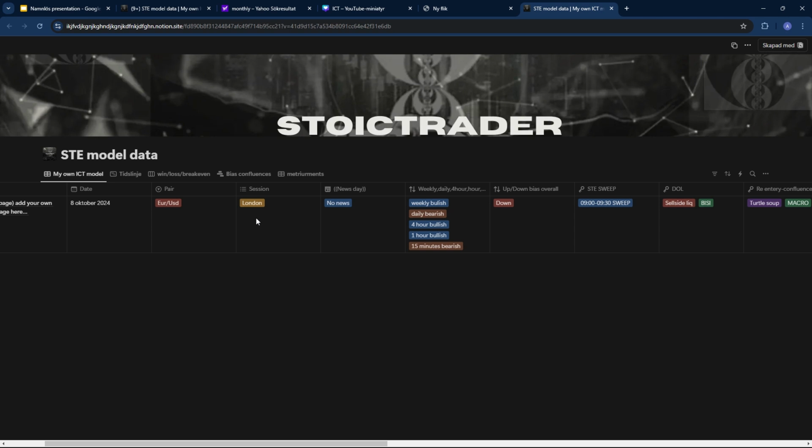So it will tell you pretty much. Let's say you see like a 930 sweep, because this is like the TSE or the STE model data. So let's say you're seeing a 930 sweep, right, of a 930 long-term high, right? Let's just take this as an example, right? And then your entry is a little bit later, as the market is pretty much retracing and you have not come across any macro because it was literally 930, which is, the sweep was, let's say it was 1030 off the 930 high.